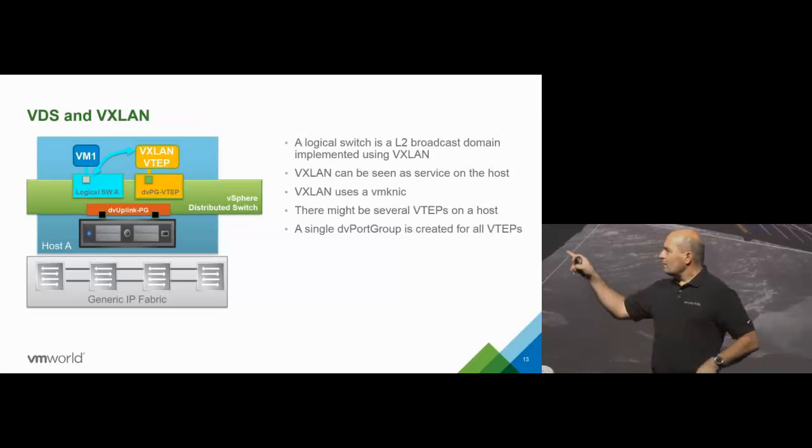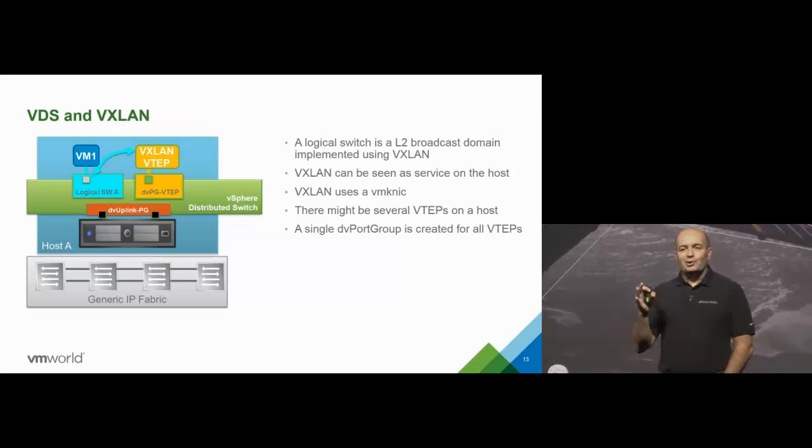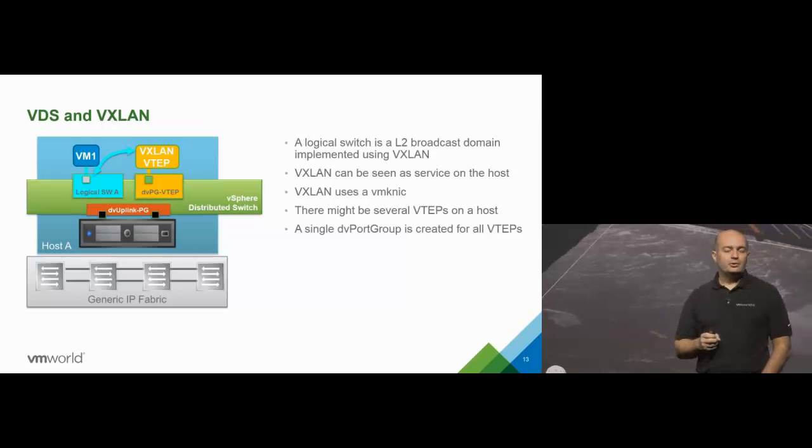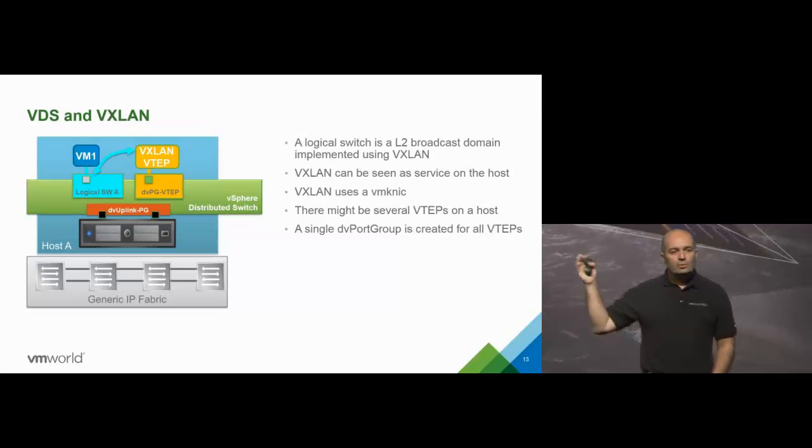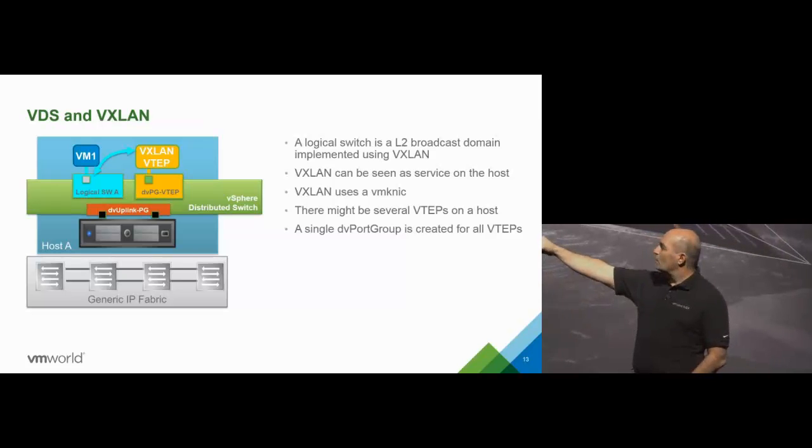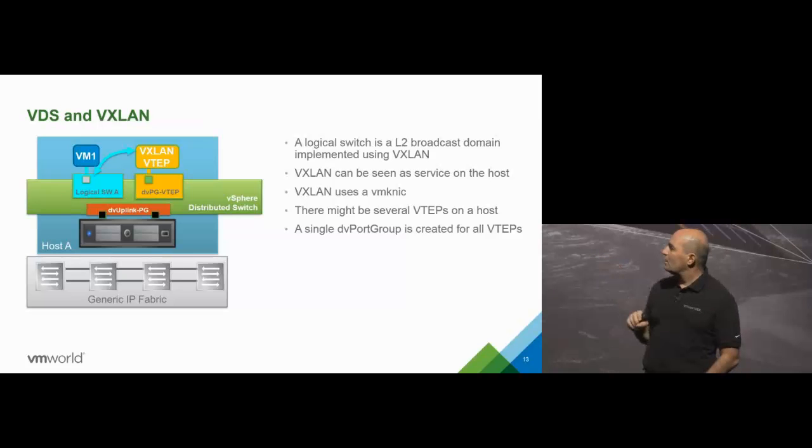The reason why I introduced this VM mechanic earlier on is that VXLAN on a host running NSX is just an additional service that we have implemented on your hypervisor. So when a virtual machine sends some traffic on its logical switch, on this local virtual switch, this traffic is going to be encapsulated through this VXLAN VTEP service that we have added to the host.